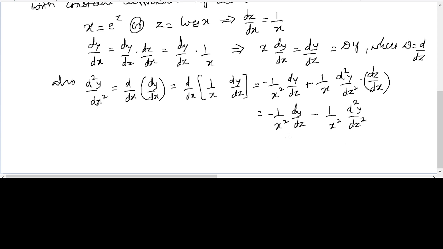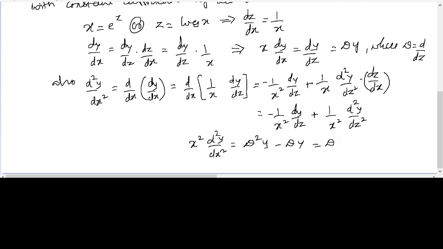From this you take 1 by x square as common and cross multiply. By cross multiplication of x square we get x square into d square y by dx square is equal to d square y minus Dy, written for dy by dz.